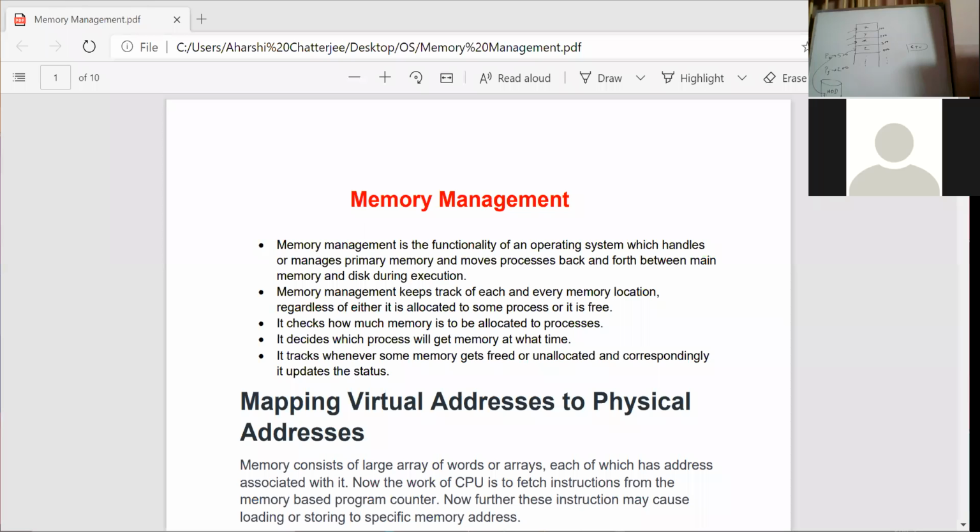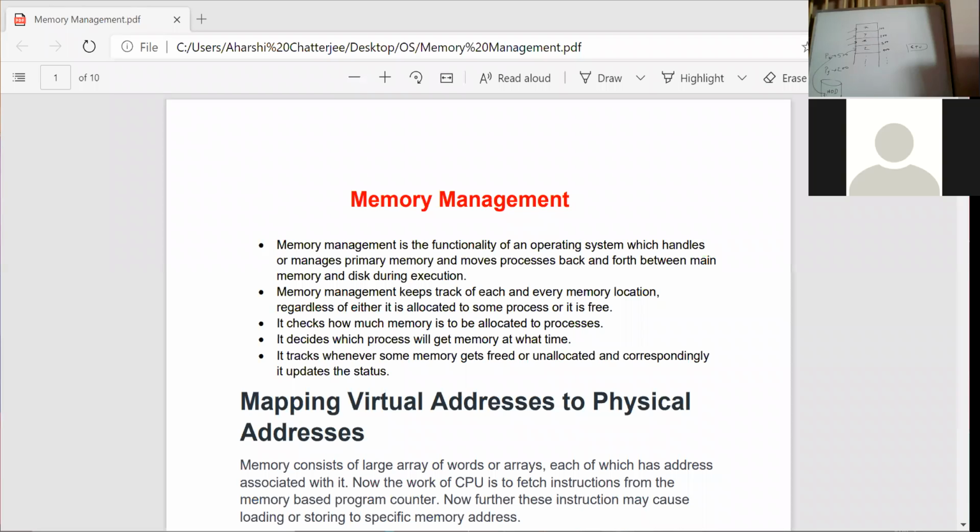So to do that, the operating system should have all the informations present to it: which process is allocating how much of memory, which memory portion is free and how much memory is left over. All these informations should be with the operating system.